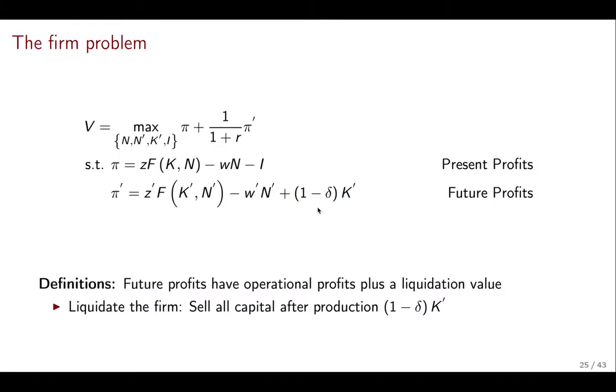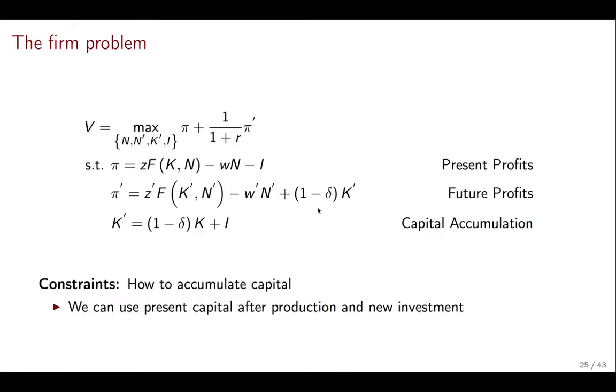So that's going to be a liquidation. Then finally, we have capital accumulation, where capital tomorrow, well, you can use the capital that's left from today after depreciation. And then if you add investment, then you can have even more capital. Okay, so that's going to be what the problem of the firm is.